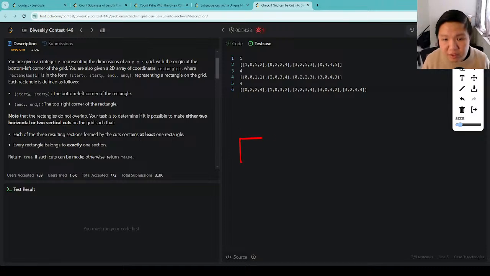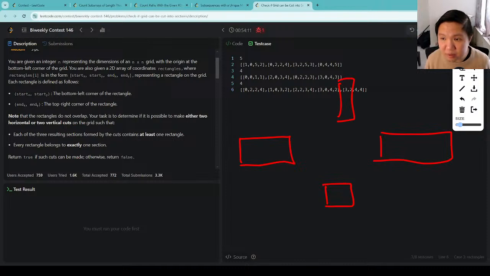So basically we have a bunch of rectangles on the map, and we want to check if we can cut either horizontally or vertically, just down the middle like this.